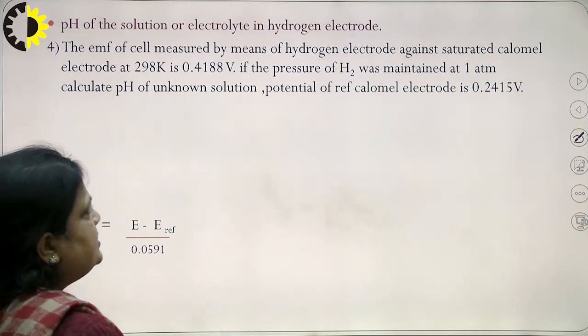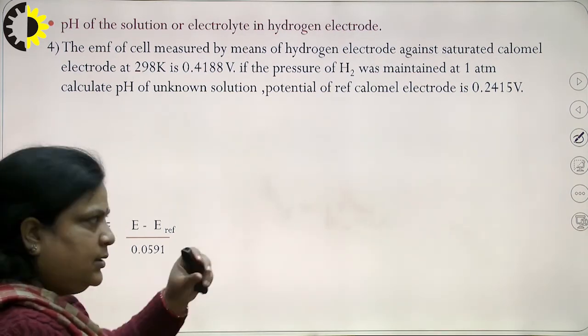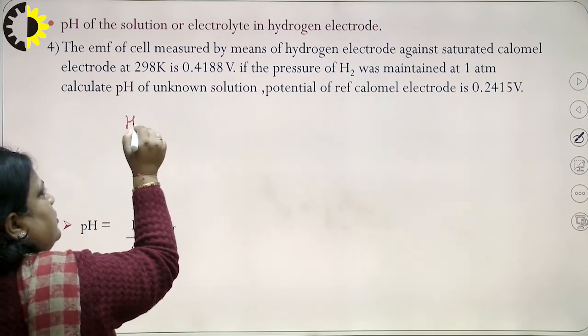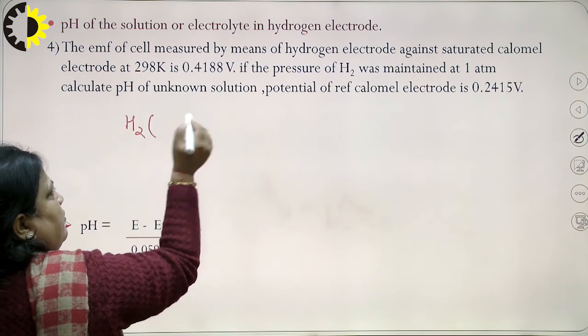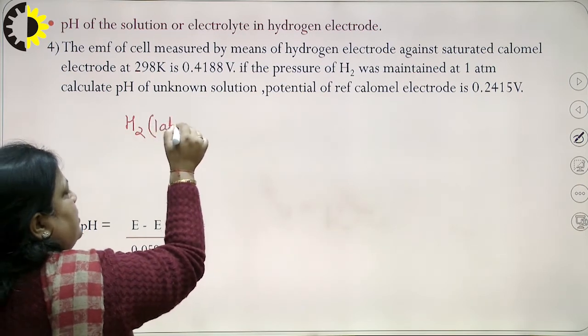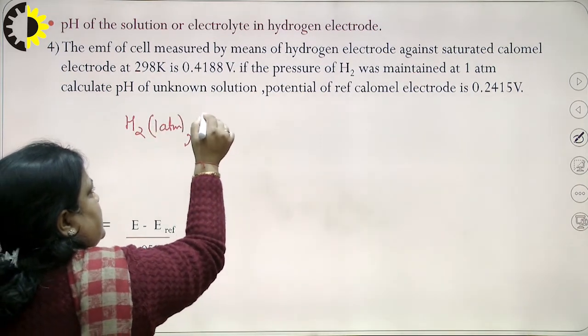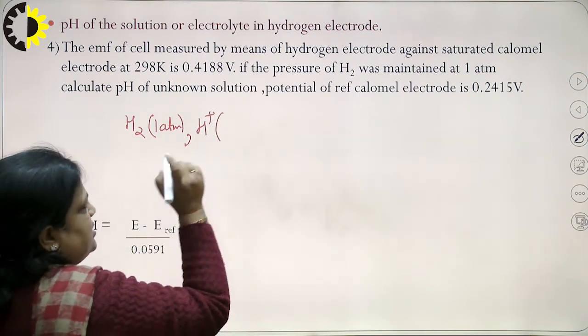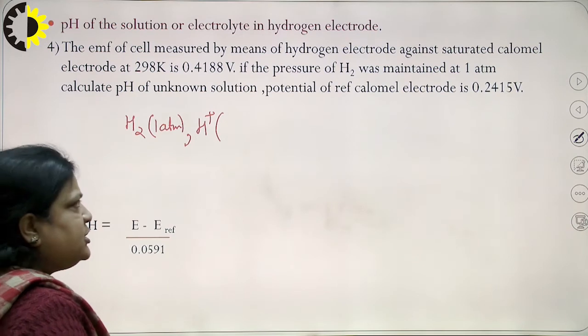In this case, if we want to write the cell reaction, it will be H2 at 1 atmospheric pressure, H plus, and we have to find this H plus concentration. So, we can find pH.